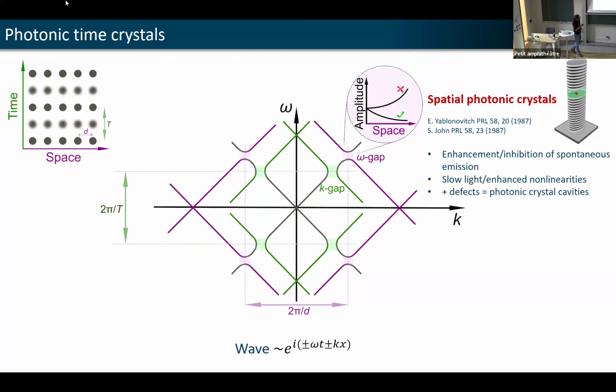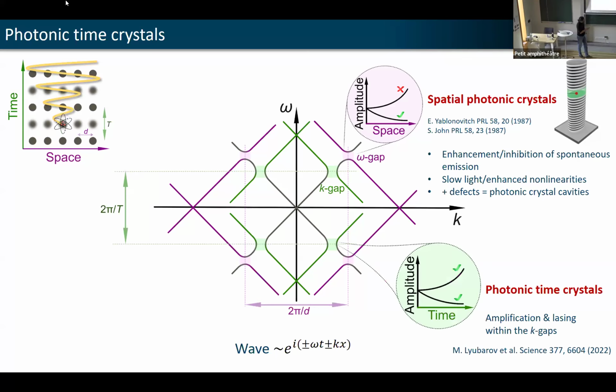You can wonder, okay, what's happening within this gap? So I take a real momentum and I solve my wave equation. And conversely, you will find that now the frequency acquires an imaginary part. Okay, so that tells you that the amplitude of the wave in time is either decreasing as a function of time or increasing. These are your two solutions.